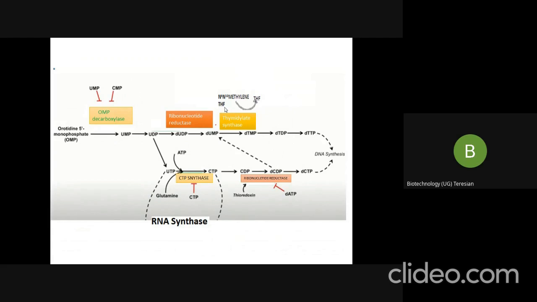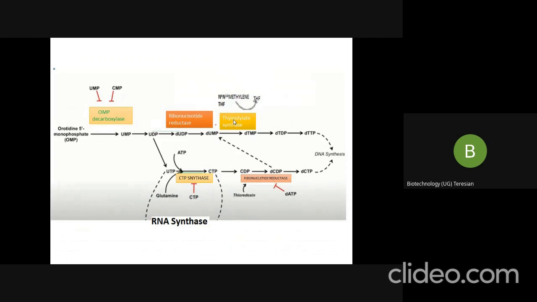So this is an important enzyme because it is controlled by another regulator which we have not shown here, that is dihydrofolate reductase. So why is this important? Most of your chemotherapy drugs, that is your cancer drugs and abortion drugs, act on the dihydrofolate reductase.